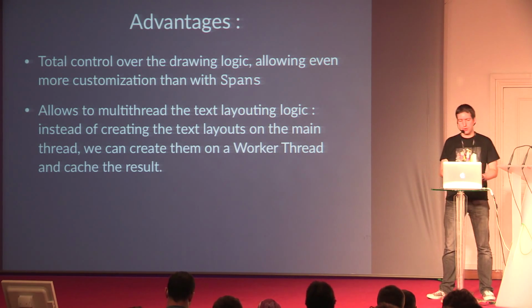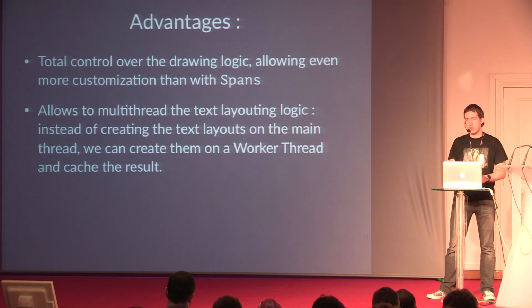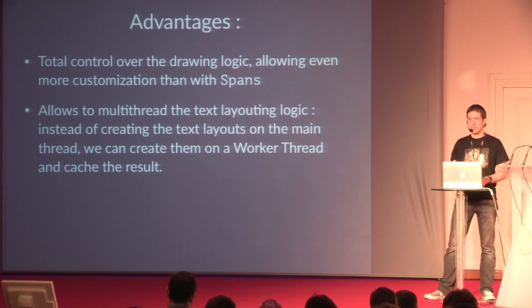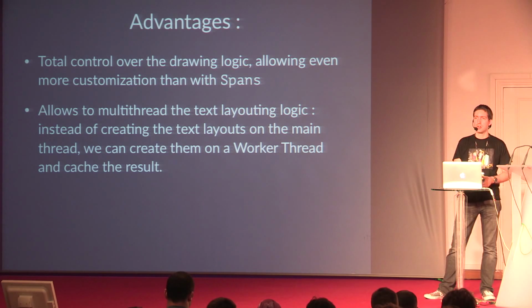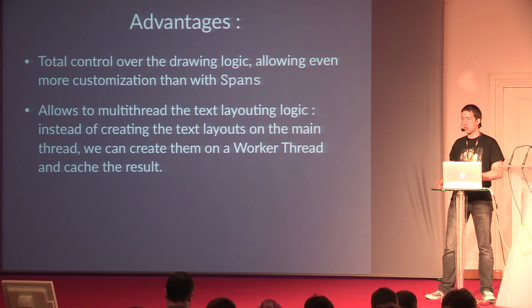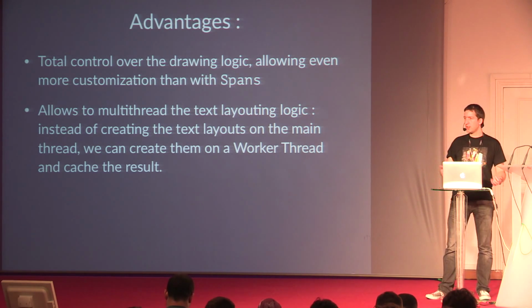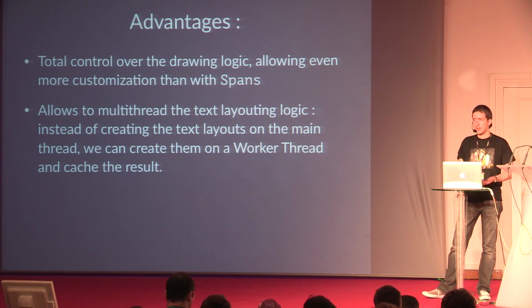Most of the UI logic needs to happen on the UI thread, but if I compute layout on a worker thread in a secondary canvas during an idle phase of my scrolling, for example, I can just feed it during the layout and draw phases without costing anything in terms of performances.